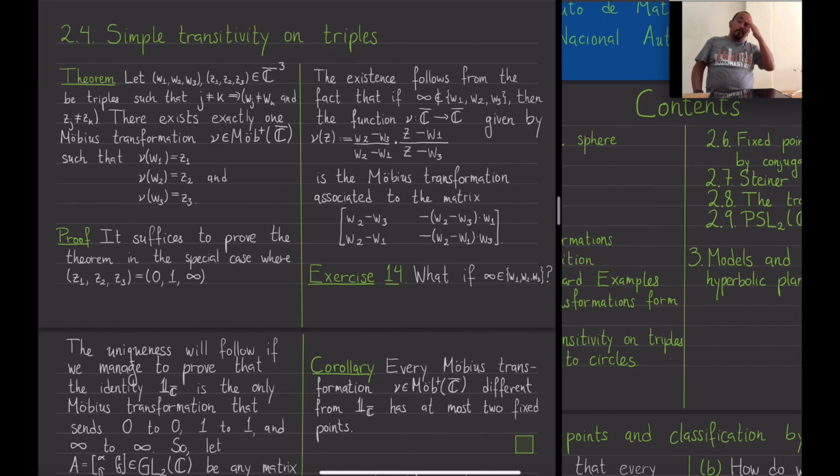We know that now, right? But how do you come up with that? How do you know that it has to be 3? Where does the 3 come from, right? For instance, now knowing the simple transitivity on triples, we know that if you give me 2 quadruples of distinct points, it may be the case that there does not exist any Möbius transformation taking one to the other.